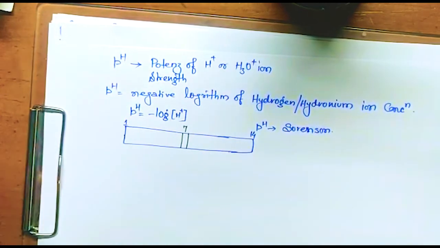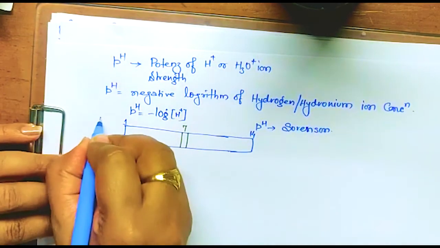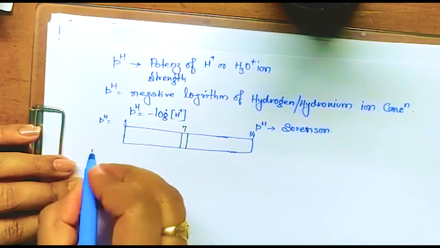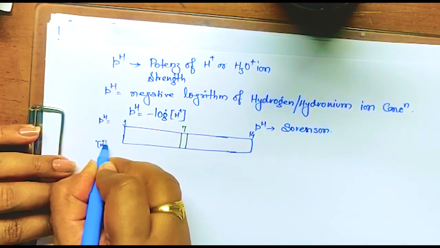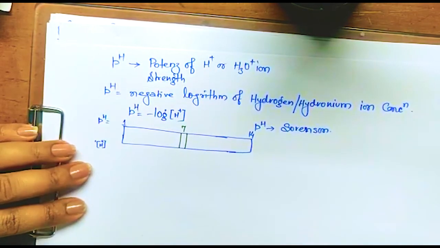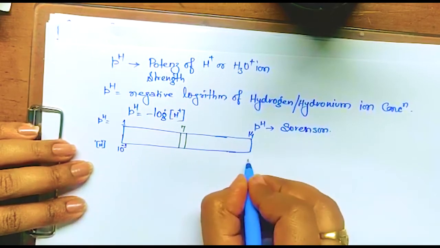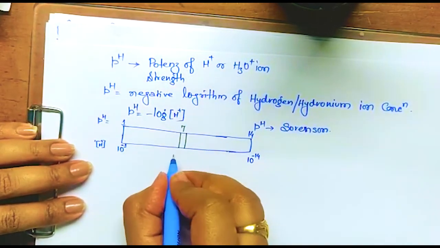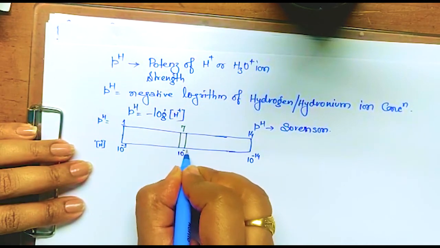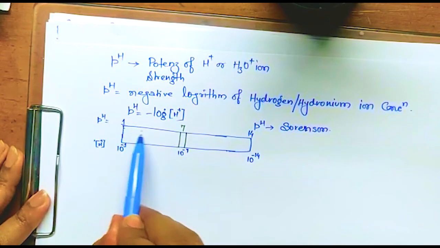Okay, this is 7. Done. And if this shows the pH, then the lower one shows the H plus ion concentration. Got it? So here the concentration is 10 to the power minus 1, and this will be the concentration minus 14. Clear? Here this is concentration minus 7. What it is exactly, I am telling you. This is 1 to 7.